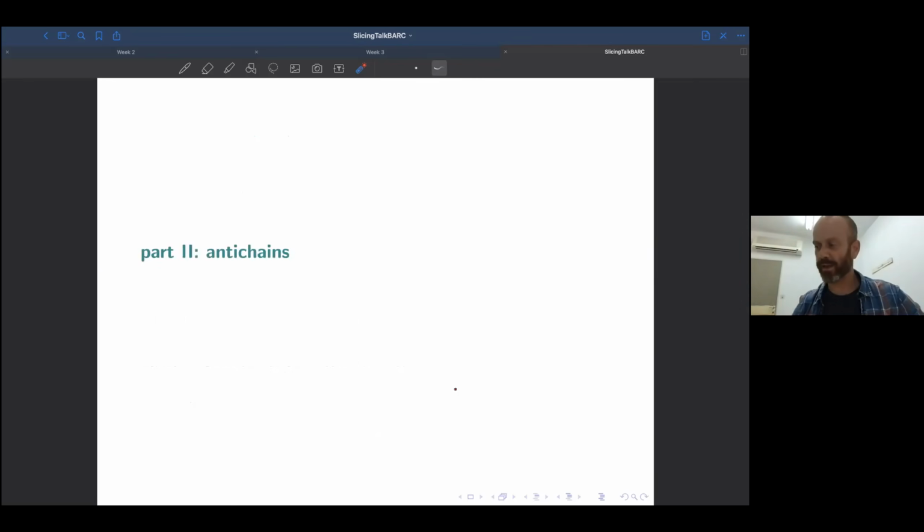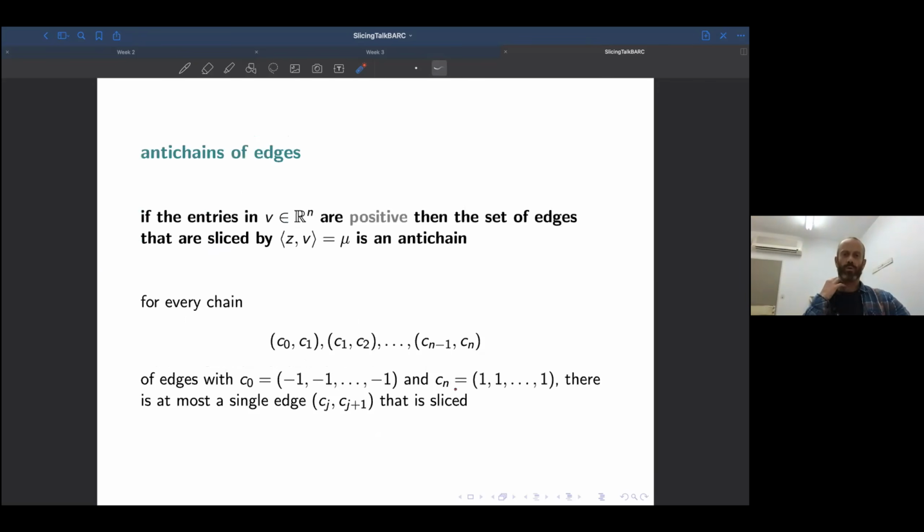A second ingredient in the proof is related to antichains. I'm going to explain what antichains are in this context, and also describe what I think is a nice statement. So here is the connection between the slicing problem and the idea of antichain. This is the main observation here. This observation was made by O'Neill in his paper.